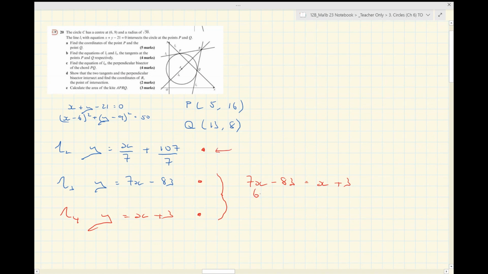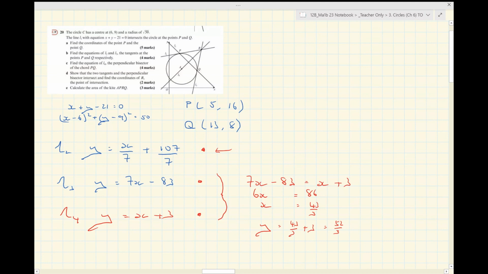Right, so it's going to give me 6x equals 86. So x equals 86 over 6, which is 43 over 3. And y will be 43 over 3 plus 3, 52 over 3.